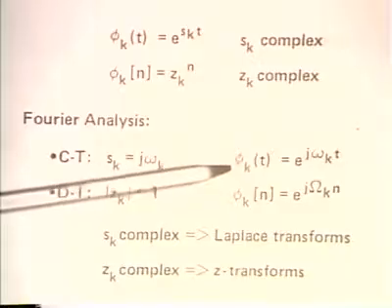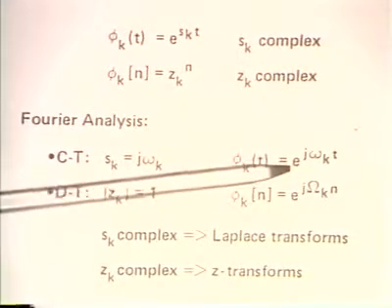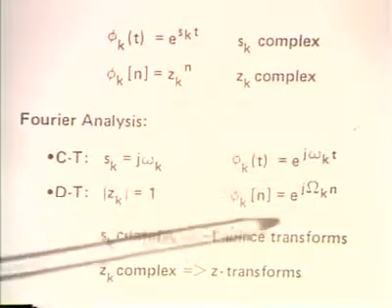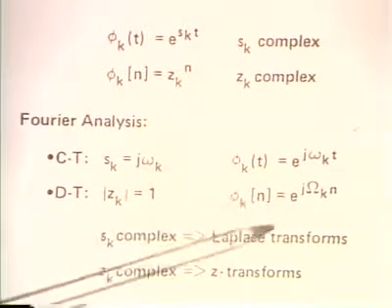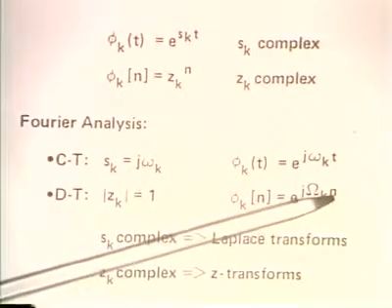So what that corresponds to in the continuous time case is a set of building blocks of the form e to the j omega sub k t, and in the discrete time case, a set of building blocks of the form e to the j omega sub k n.